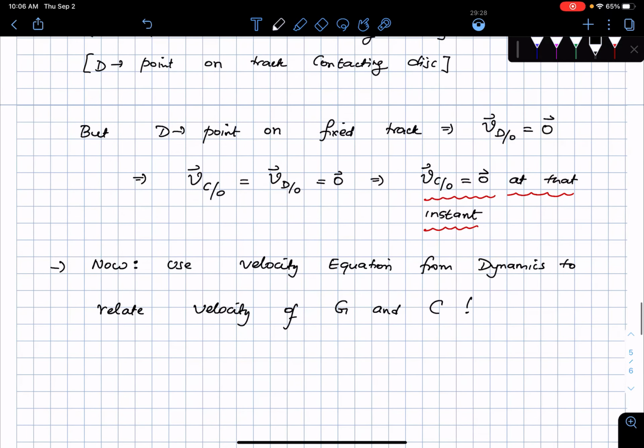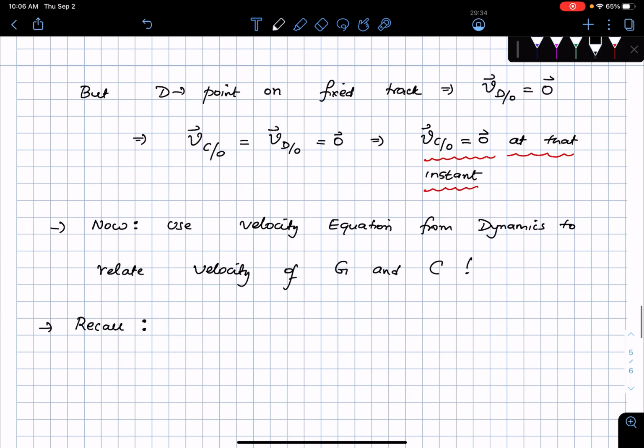You may recall from dynamics, if I have 2 points on the same body, let's call them points A and B on the same rigid body.